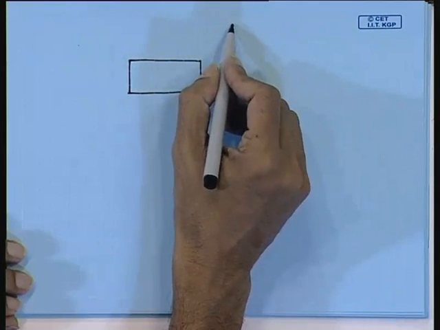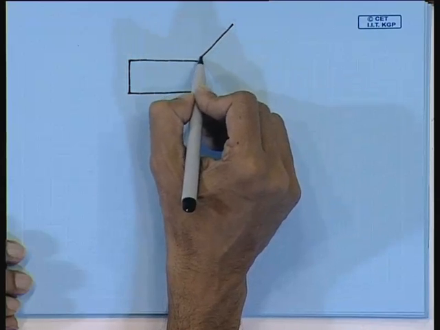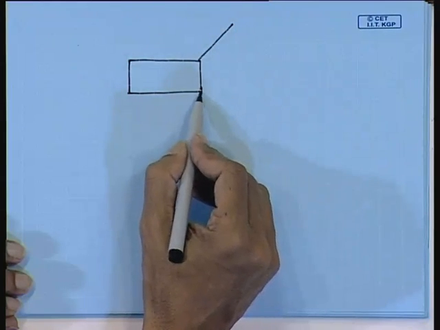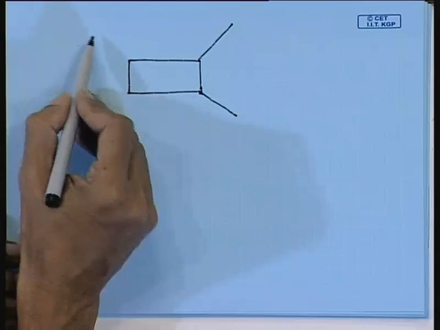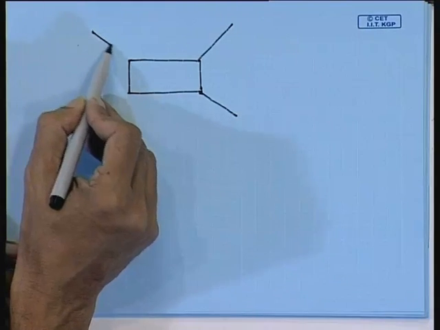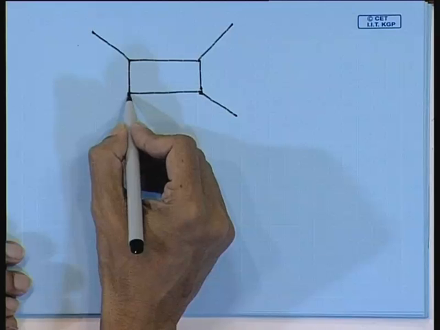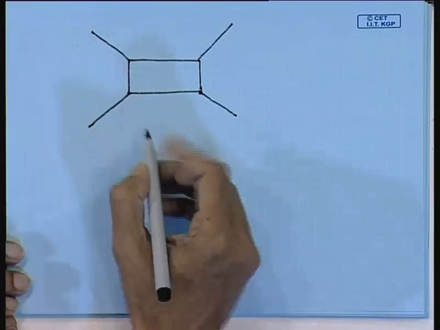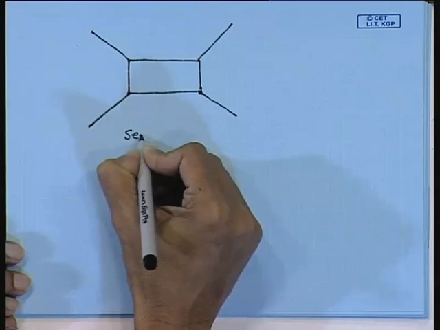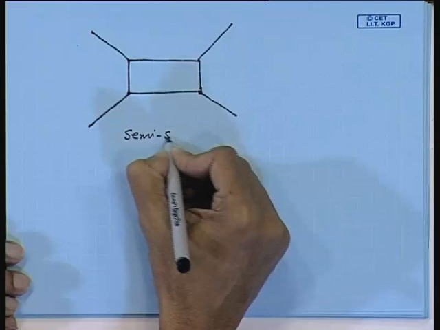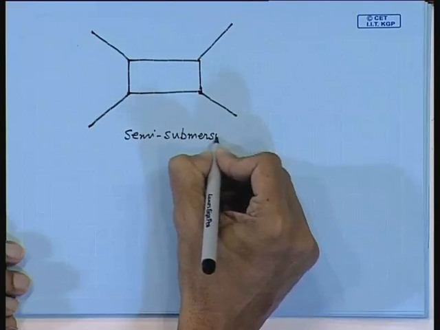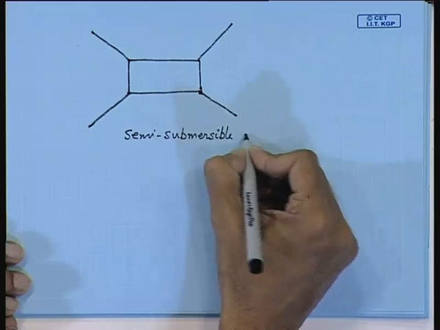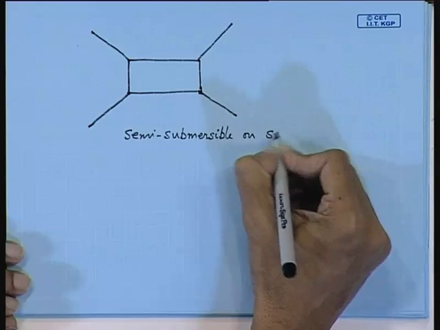So in your spread mooring system you will find the chain cables or anchor lines being attached at the four corners, say like this. Say this is the diagram of a semi-submersible on spread moorings.